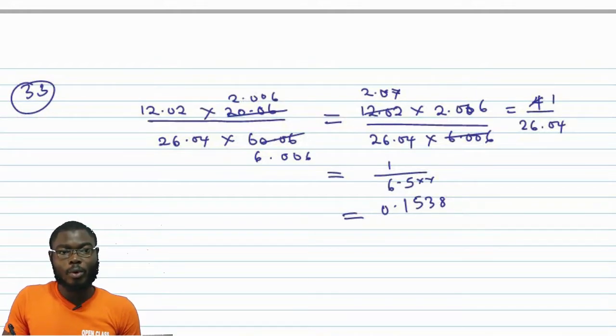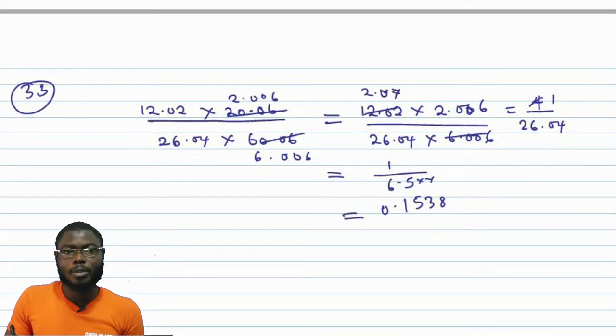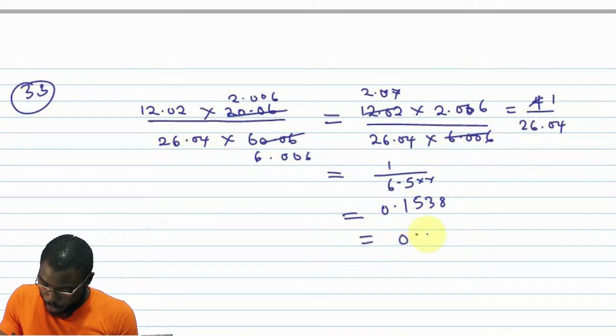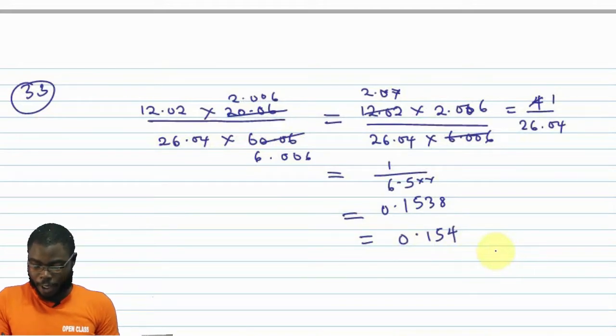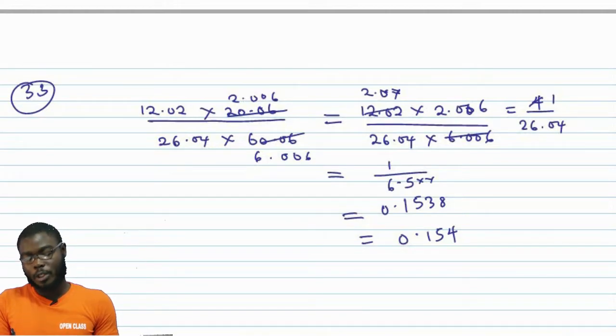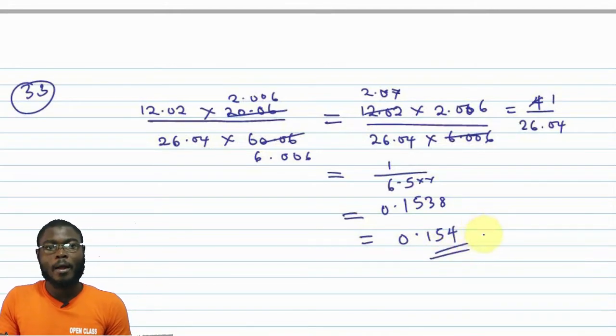If you look at your options, if you approximate this it will give us 0.154. The options are A 0.151, 0.157, 0.154, 0.155, 0.158. So it's obvious that your answer is B.